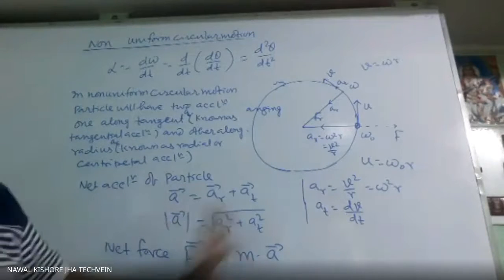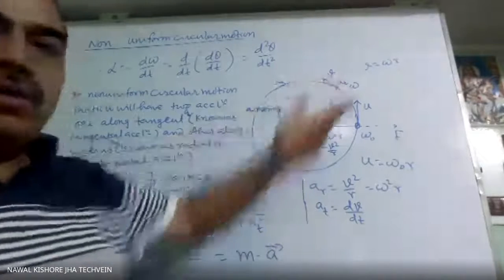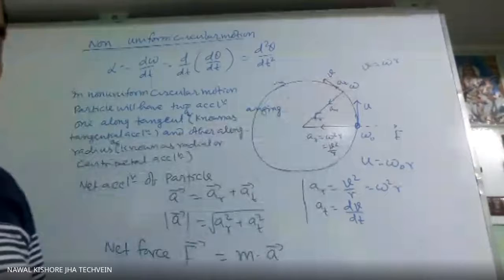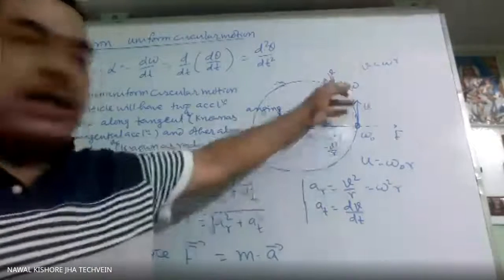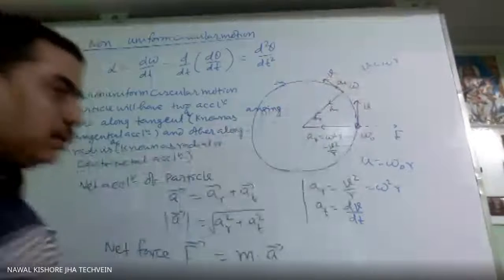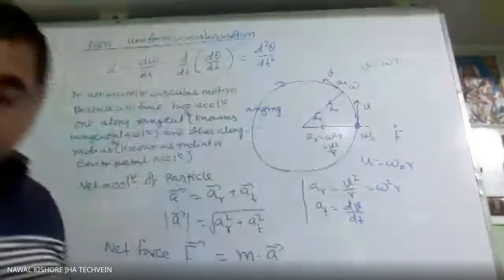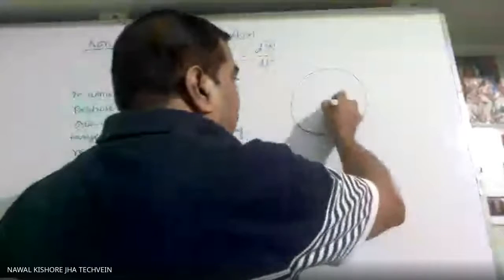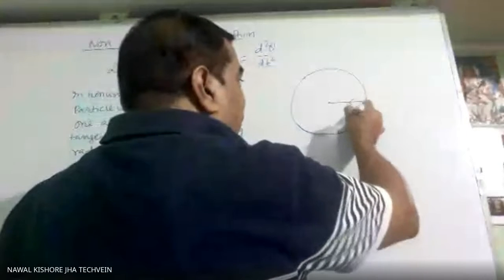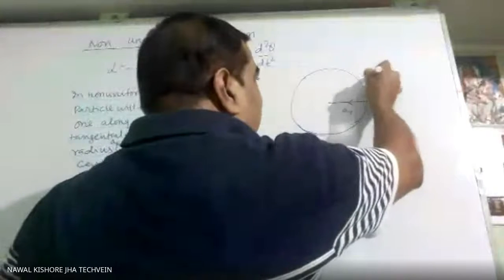The direction of this acceleration is sometimes asked. In case of vectors, the two accelerations are perpendicular to each other. Suppose at any instant, this is the direction of AR, this is the direction of AT.